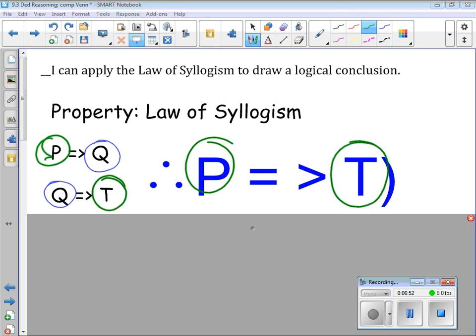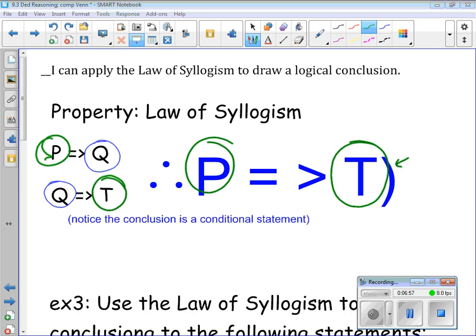That parentheses shouldn't be there, of course. That's the law of syllogism. All right, notice that in the law of syllogism, the conclusion, what I'm going to write as an answer, is a conditional statement. In the law of detachment, it's something happened.